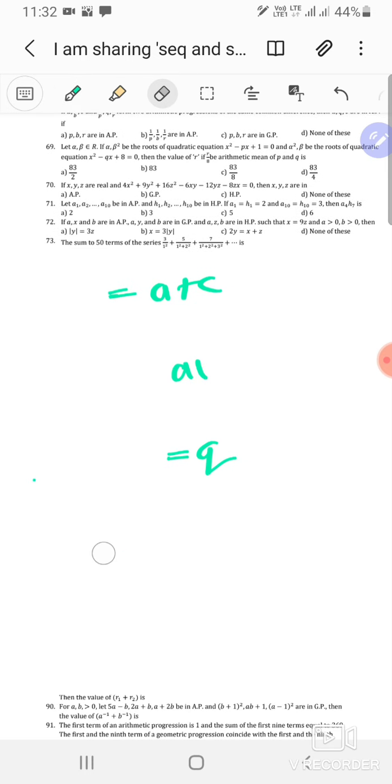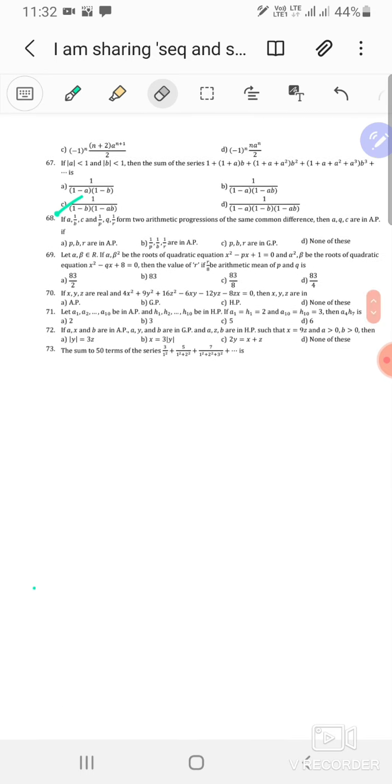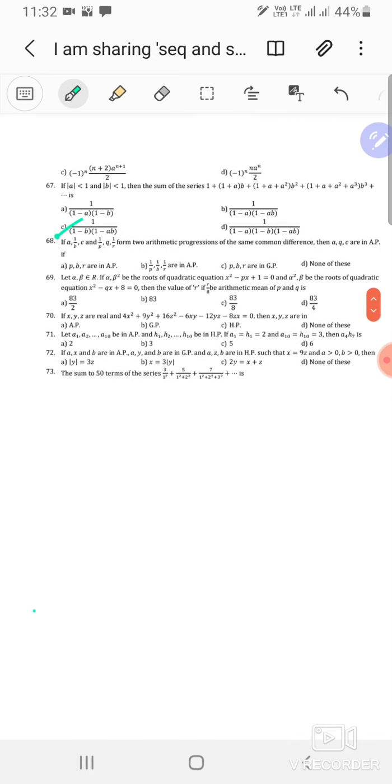So in fact the first term of this AP is the same thing as the first term of that AP, and similarly for second and third terms. Okay, so what do we know then? We know that 1 by P, 1 by B and 1 by R are in AP. Okay, cool. So that was easy.